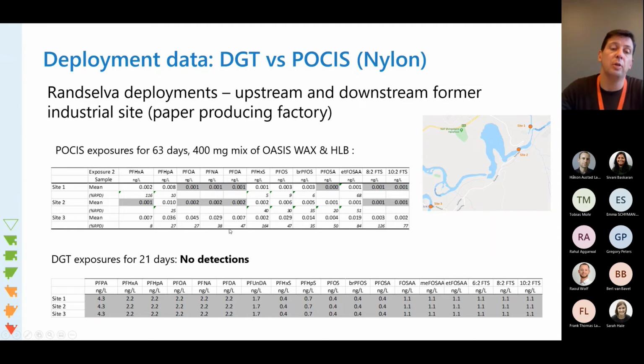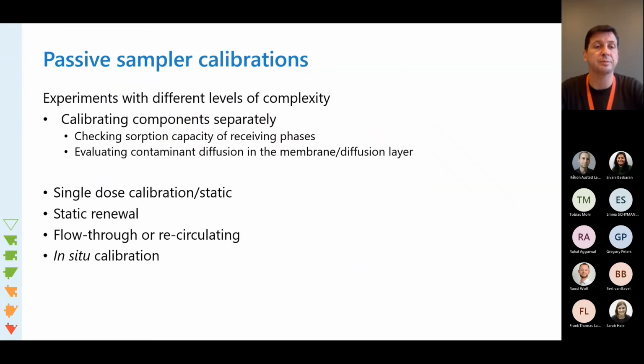So here we have a sampler at the bottom where we know quite well the sampling rate, but it's not very sensitive. And above, a sampler where we have much higher sampling rates, but the sampling rate will fluctuate a lot more with the water turbulence. But we do see things in the water. So we need to find a compromise between these two.